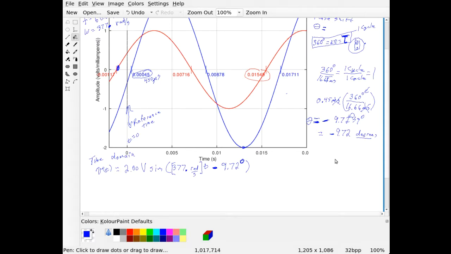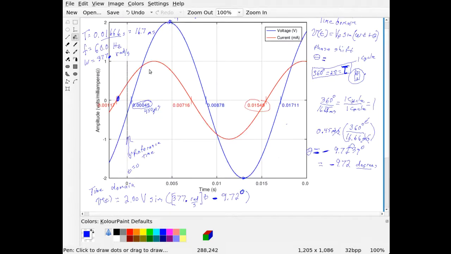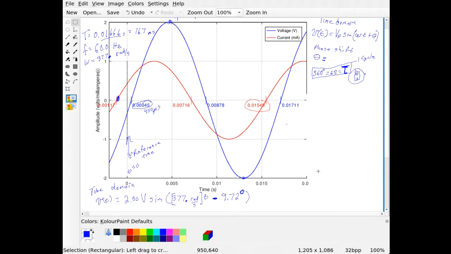All right, anybody have any questions at this point? I've done a couple of videos on this before, but I just want to walk through this again. You need to be comfortable with reading voltage waveforms off of a graph like this and being able to determine this information, because when we're in lab, we're going to be using an oscilloscope, and the oscilloscope is going to be showing us the voltage waveform.